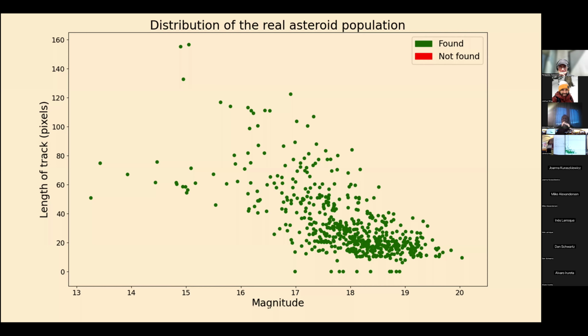If you take, let's say, magnitude 19, then these streaks here are going to look more or less like magnitude 19. But if you go up to 160 pixels, then each pixel is not going to have magnitude 19. It's going to have a much higher magnitude. So there aren't actually that many asteroids in this space that can't be visible in terms of SNR.